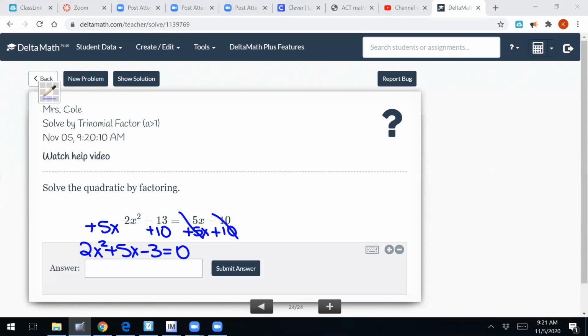Now, this is where you have to do the slip and slide. I think you only had a couple of these to do. Okay, so it's not like I gave you a ton of them to do, but you still have to slip and slide that across. You've got to slip the 2 over by multiplying.